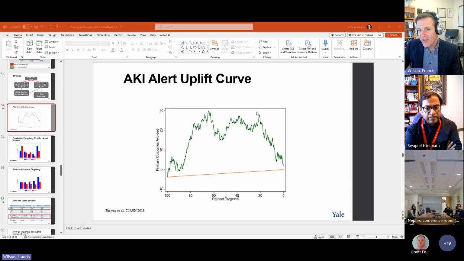Theoretically, the peak of this curve is mathematically, and this is at the population level, right? It's not among the people you randomize. It's among everyone with AKI. How do we avoid the most AKI progression? And the answer is actually by targeting, let's say, 60%, but the right 60%.